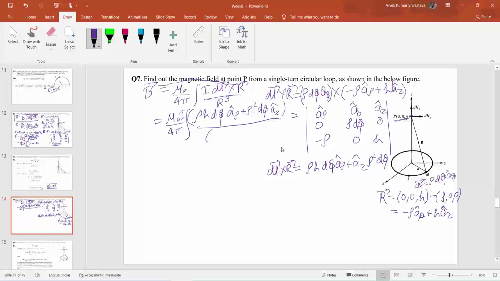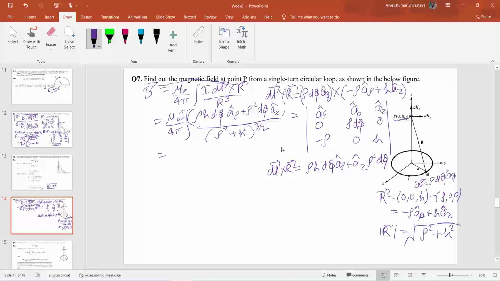Over r³ we can take ρ² plus h² raised to the power 3/2, because r is given here, so we can obtain the modulus of r, that is the magnitude, as ρ² plus h², so that we can put it here in the place of r³, okay.